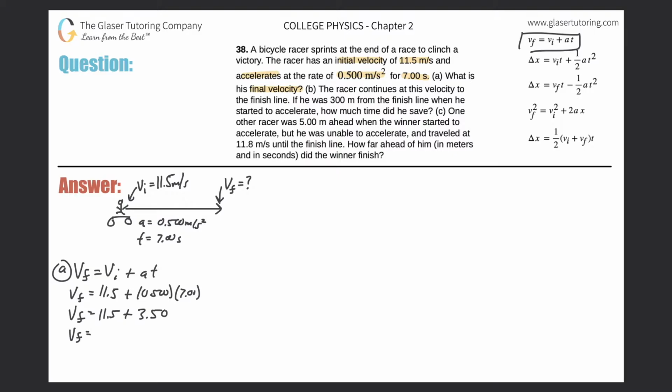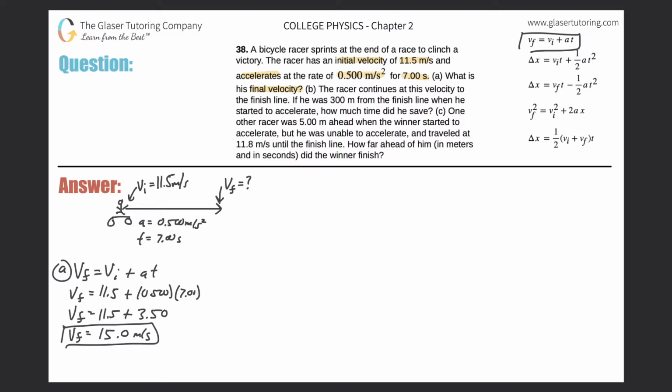So this should now be 15.0, because I have to cut the answer at the tenths place instead of the hundredths place. Okay, so the units here would be meters per second, and that now completely solves for the final velocity.